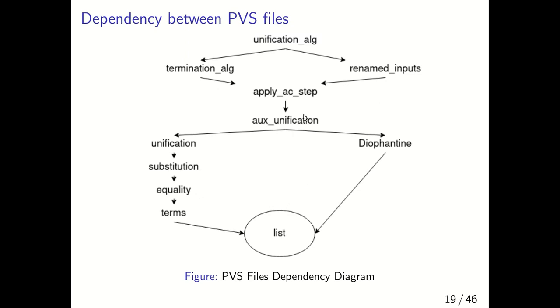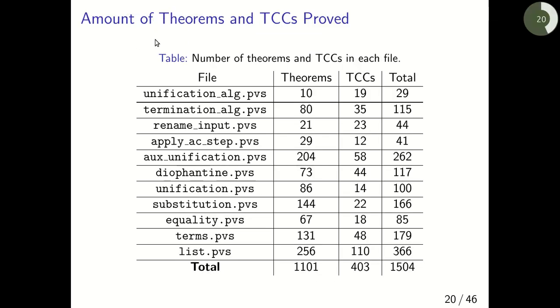And we see that it's not a very complicated architecture for our formalization. But what I want to say is that there are a lot of theorems that we needed to prove. A lot of them were easy, but the total number of theorems is over 1,000. It's 1,504. And this table shows the number of theorems and TCCs in each file.